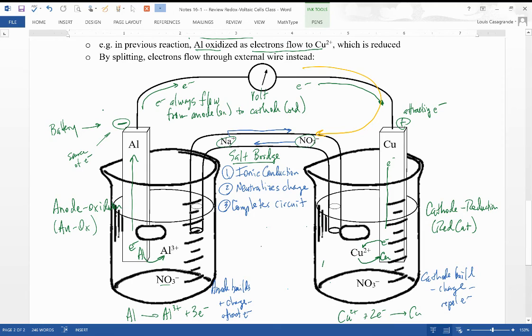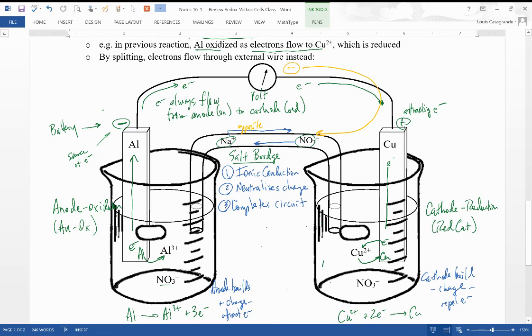Negative charge is going clockwise. So you see in the wire up above, the electrons are flowing to the right. In the salt bridge down below, the negative ions are flowing to the left, and the positive cations are flowing in the opposite direction. So they always go in opposite directions, and hopefully that makes sense to you.